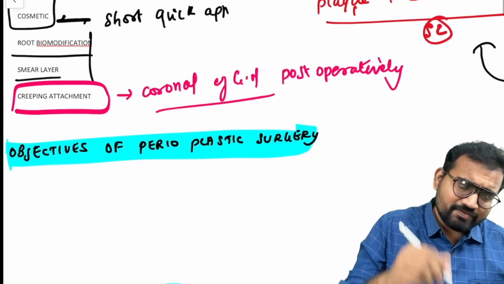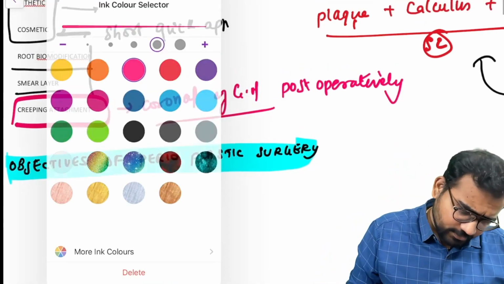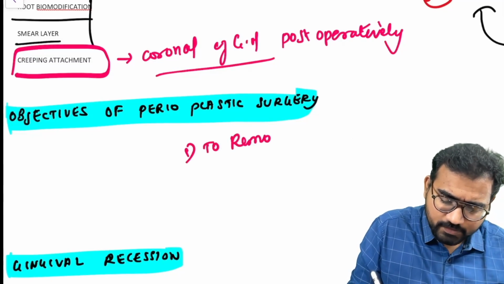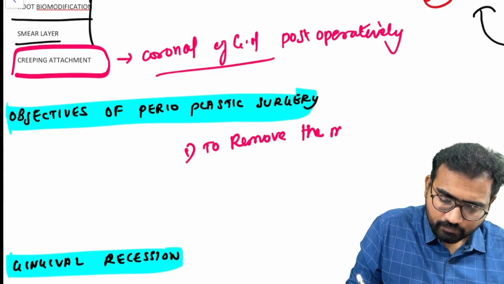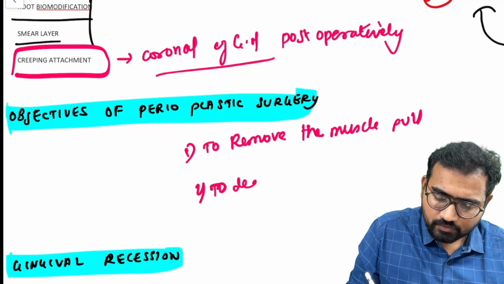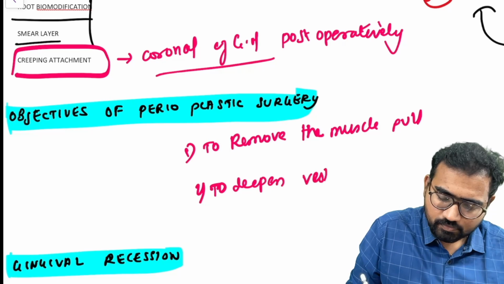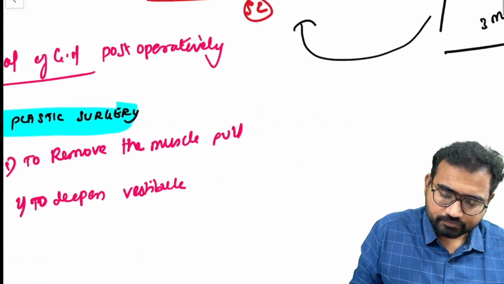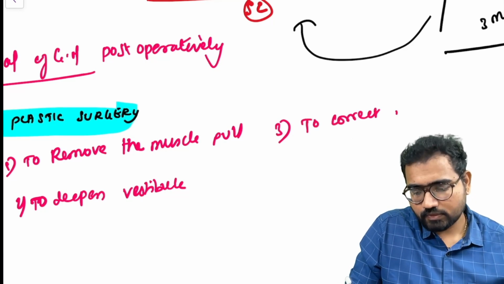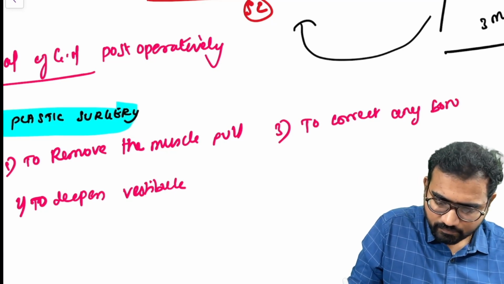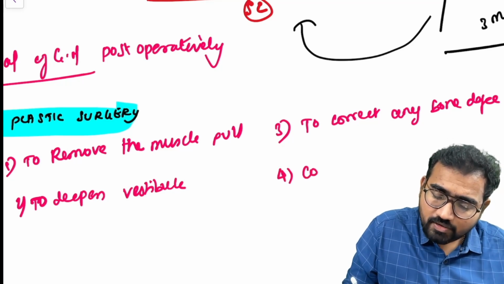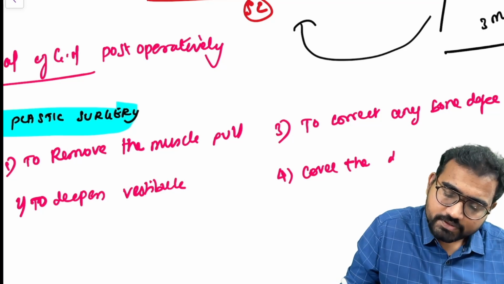Fine, very good. Now moving on to the objectives of perioplastic surgery, very important. So why do we need to do this? The objectives of perioplastic surgery are to remove the muscle pull, frenum, to deepen the vestibule, to correct any bone defects, and to cover the denuded root surface.